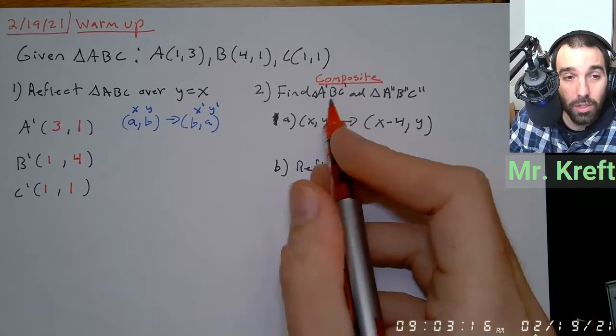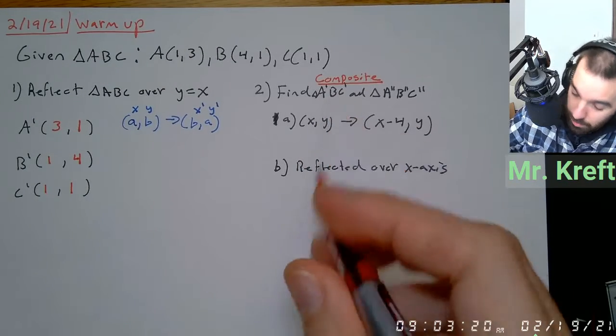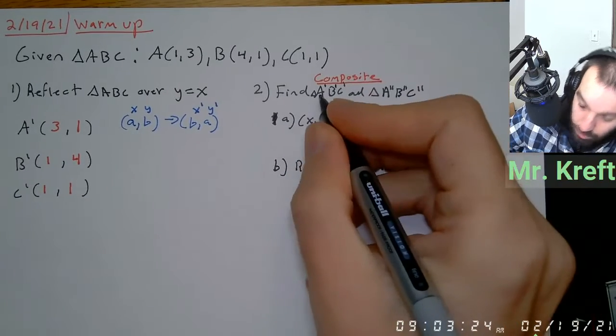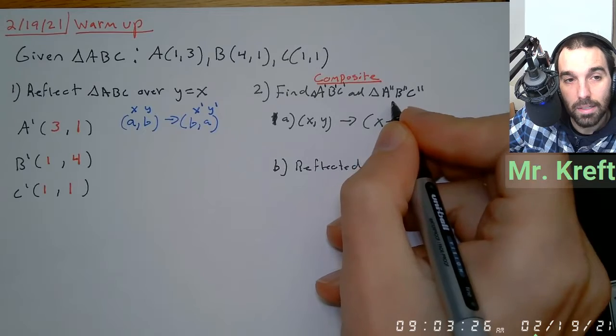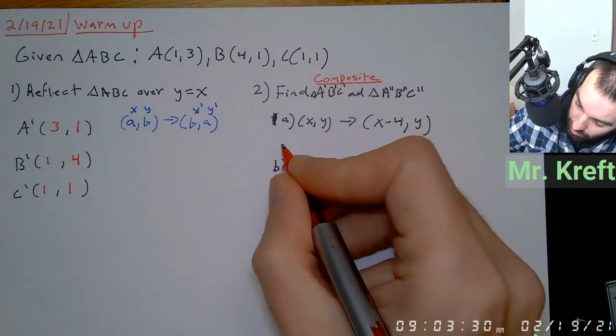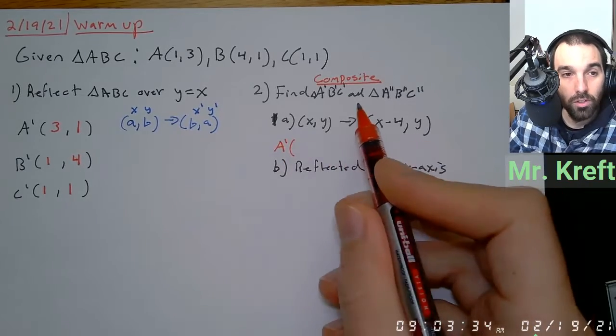Okay, so for this one, we're going to do a composite. We're going to find A prime, B prime, C prime, and A double prime, B double prime, C double prime. So the first thing we're going to do is let's find A prime.